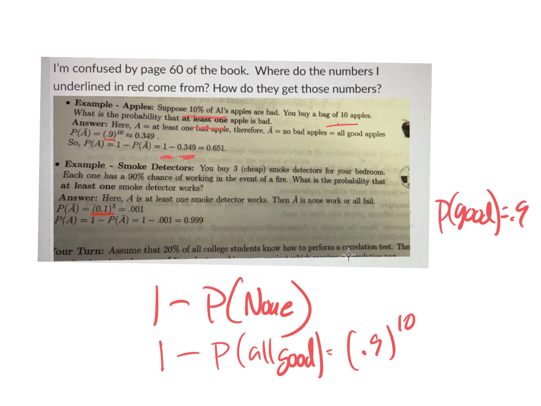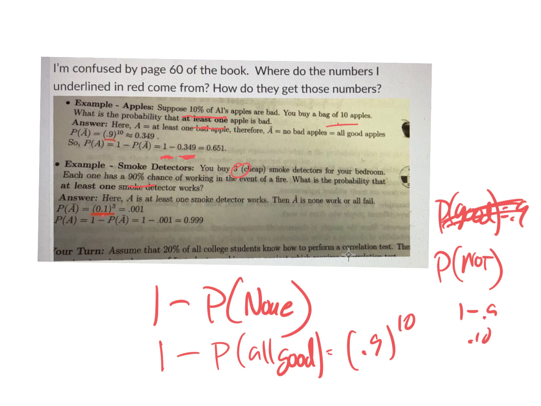Same thing with a smoke detector. If we have 3 smoke detectors and each of them has a 90% chance of working, what's the probability that they don't work? Because we want to find at least one working. So the probability of not working, so it didn't go off, is 1 minus 0.9, so that's 0.10. That's where they got the 0.10 from.